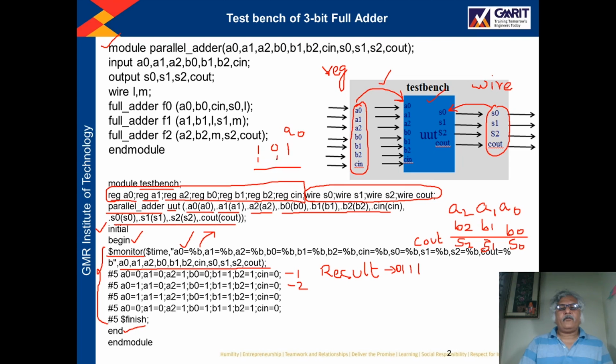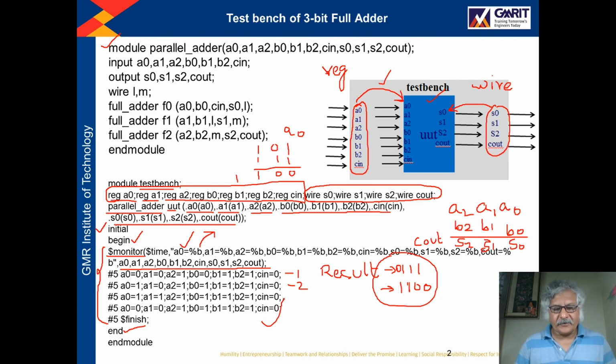These are 1, 1, 1. So the result of the addition is 1 plus 1 is 0, 1 plus 1 is 0, 1 plus 1 plus 1 is 1 and final carry. So the result of the second will be 1, 1, 0, 0. Right? Okay, so in this way these results will be generated as per these stimulus, as per these inputs in the test bench. So I will show you the demonstration.